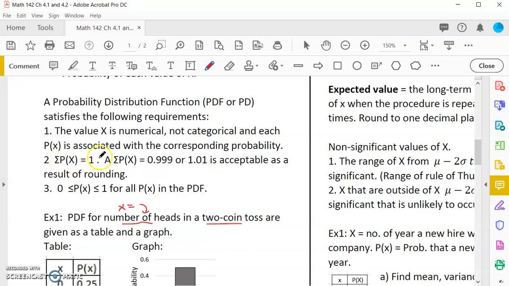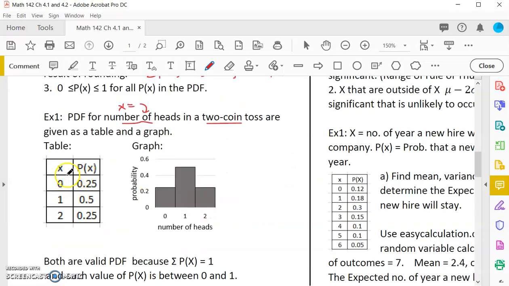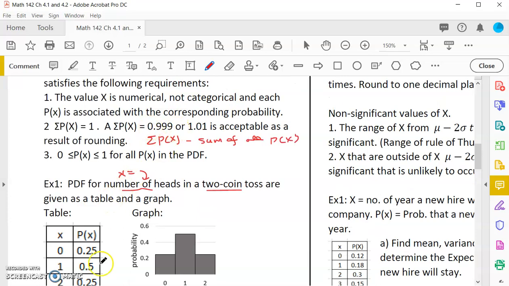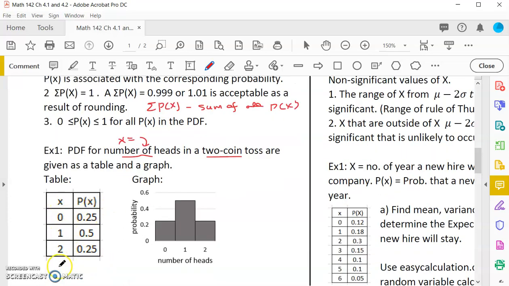This notation, sigma P of X, means you're adding all the P of X. This is to avoid people not giving all the possible X and showing only partial X and P of X. It should cover all possible values, so that all the P of X add to 1. And then each value should be a valid probability, which means each value should be between 0 and 1.